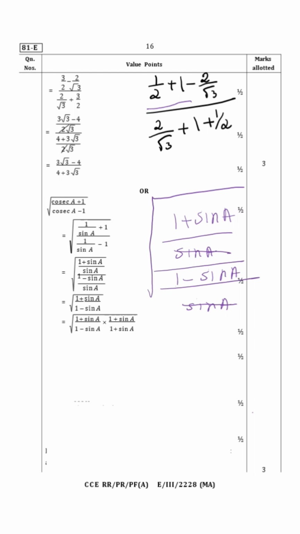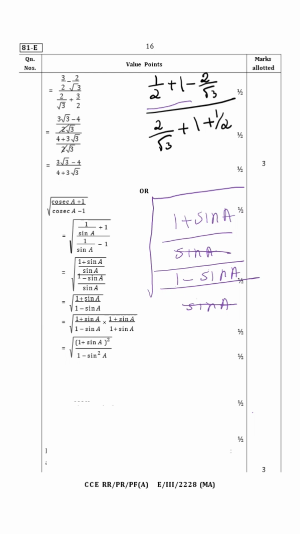In the denominator, 1 minus sin A into 1 plus sin A is equal to 1 minus sin square A. Observe 1 minus sin square A. What is it? Cos square A.